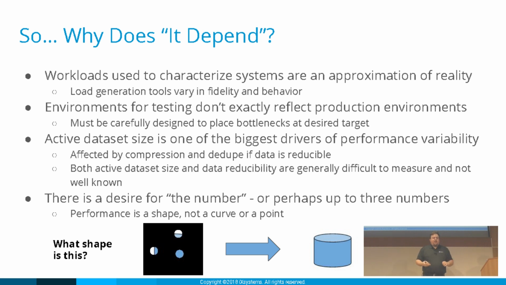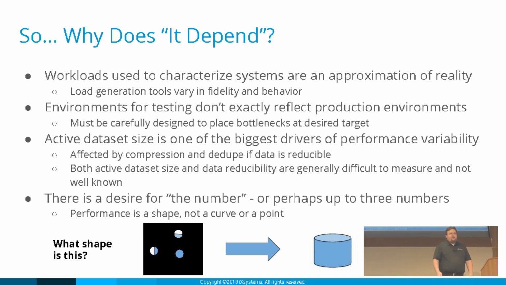And the other thing about active data set size is that the compressibility and dedupability of the data, if those features are enabled, affects the size of the active data set size, if you will. The unfortunate thing is that both the active data set size and the reducibility of the data set are generally not well known. So generally approximations are used and we get back to being more synthetic versus more realistic.